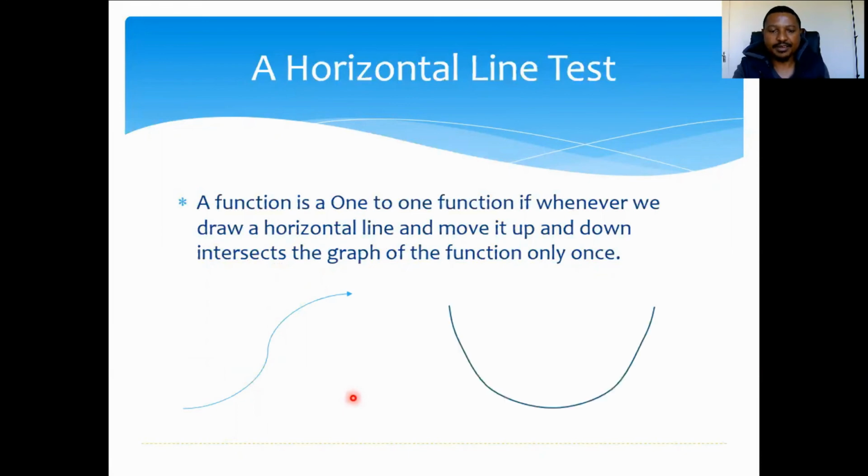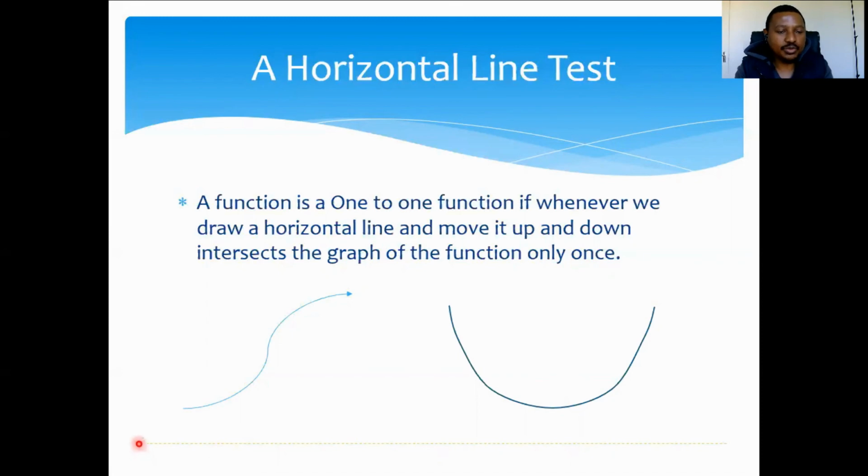Again, here is something most of you are familiar with, a parabola. If you draw a vertical line to this graph, it will intersect the graph of this function only once. But now, since we are already confident that these two are functions, we are interested to know whether they are one-to-one or many-to-one.